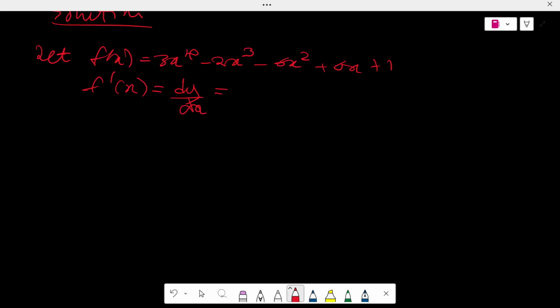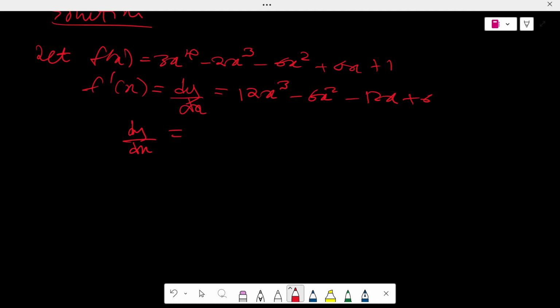As I'm writing, this is a way you can write in your tests or your exams. This is a standard way of presenting your work. So our derivative will be 12x cubed minus 6x squared minus 12x plus 6. So dy dx will be equal to that.